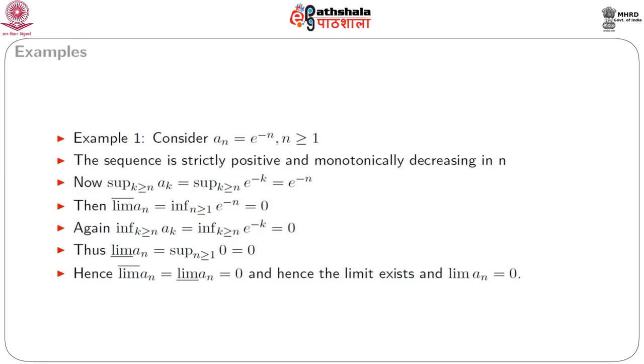Therefore, the limit superior is nothing but 2, and in a similar way, the infimum value of a_k for k greater than or equal to n is 0, and hence we get that the limit inferior of a_n is 0. Thus, we find that here the limit inferior and limit superior are both finite, but they are different. Since these two quantities are different, the limit does not exist.